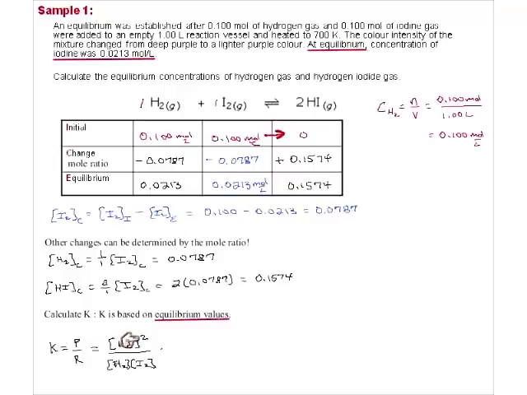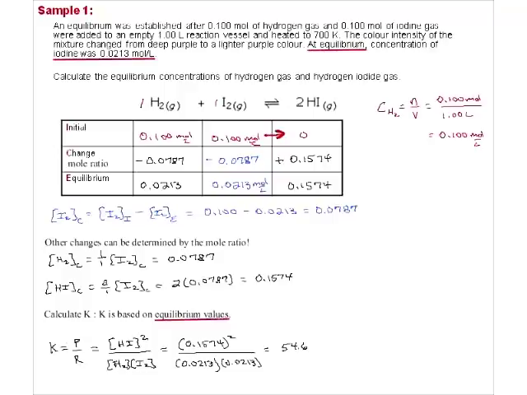So the hydrogen iodide squared divided by the reactants, which are hydrogen times iodine. There's a 1 over these guys because that's from the balanced equation. We put our values in and we solve for K. And lo and behold, K works out to be 54.6.